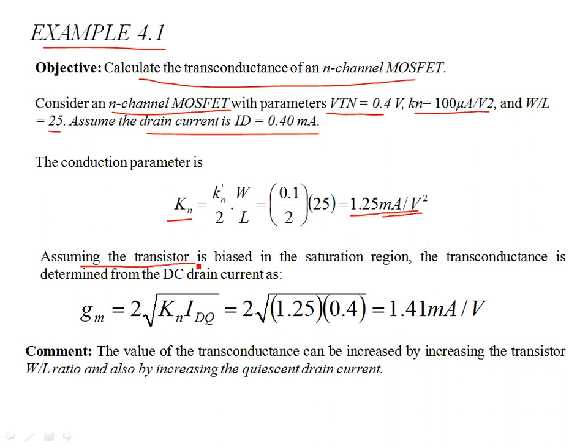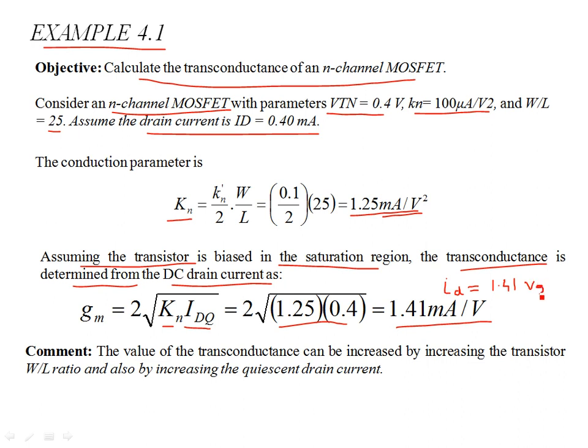Now, assuming the transistor is biased in the saturation region, the transconductance gain is determined from the DC drain current. GM is twice the square root of Kn times IDQ. Substituting those values, you'll find this is 1.41 milliamps per volt. It means the output AC drain current Id is 1.41 times VGS.